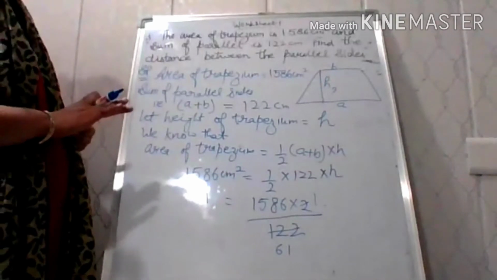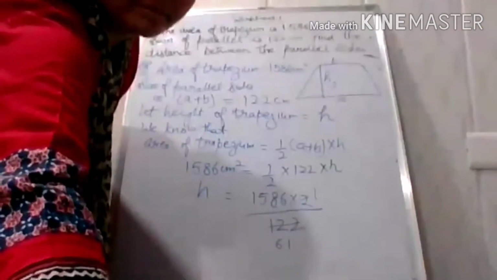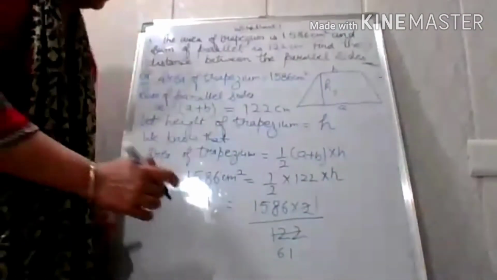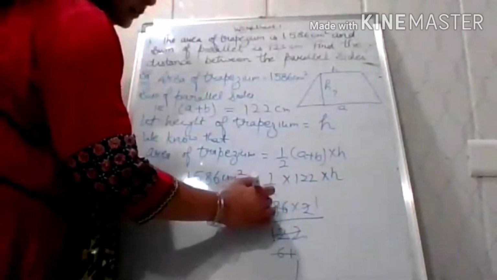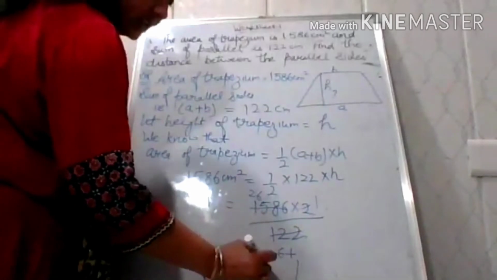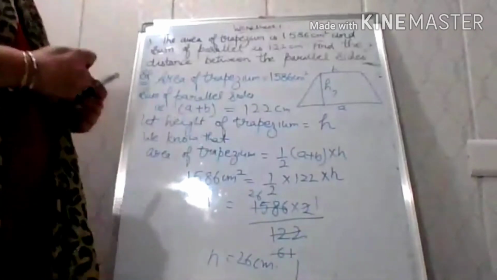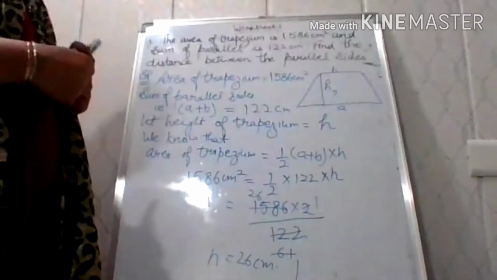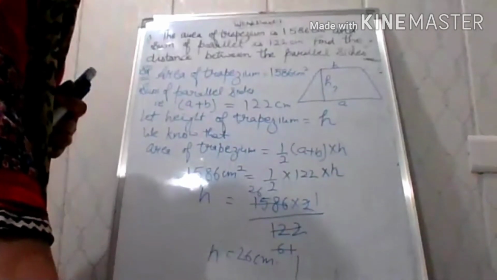You just find with which number you can divide. When you divide with 61, here you are getting 26. Height is equal to 26 centimeter. Hence you can write the conclusion line: height, the distance between the parallel sides, is 26 centimeter.